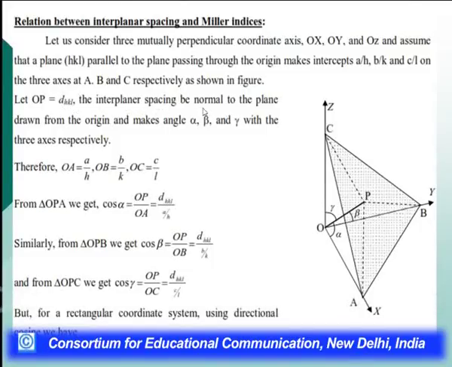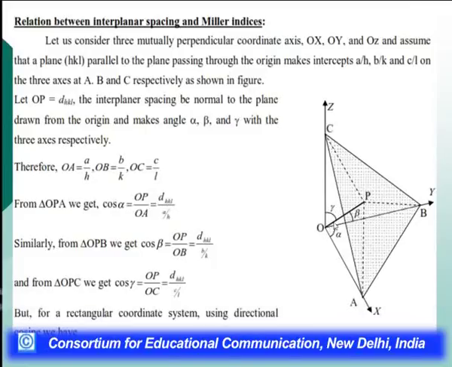The interplanar spacing is along the normal to the plane, drawn from the origin. We draw the normal from the origin and make an angle alpha with the x-axis, beta with the y-axis and gamma with the z-axis.